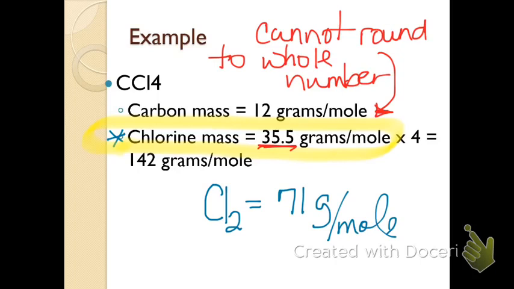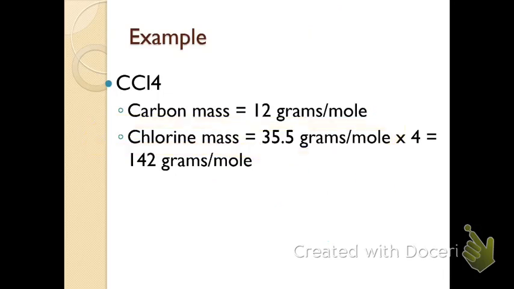Okay? So based on that, if we go back to what we were looking at, chlorine then is going to be 142 grams per mole. So we said molar masses, when you take the individual masses of the elements that make up the molecule and add them all together, that is going to give you the molar mass of one molecule.